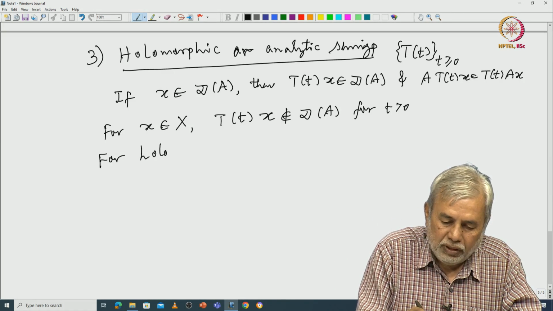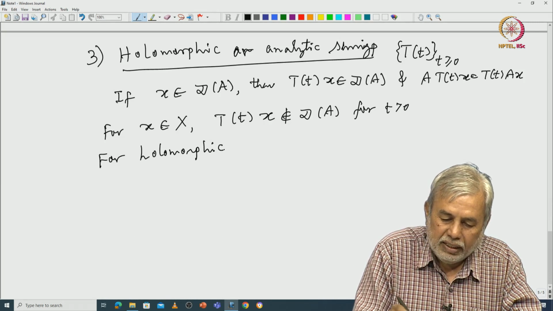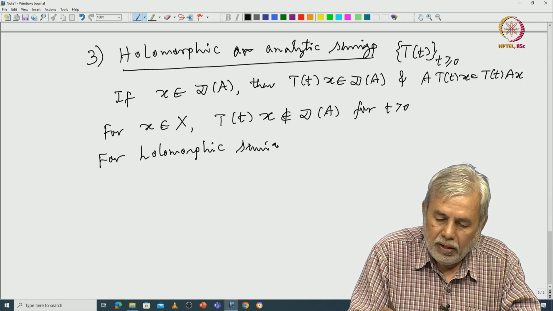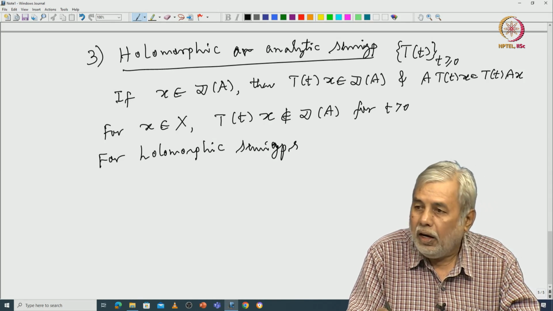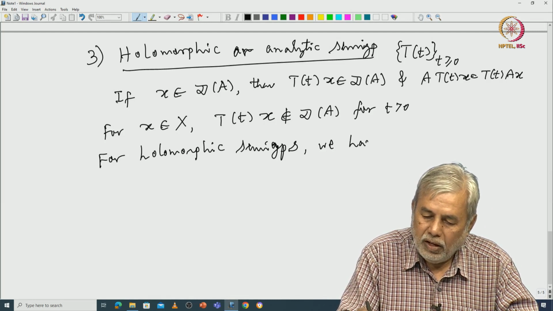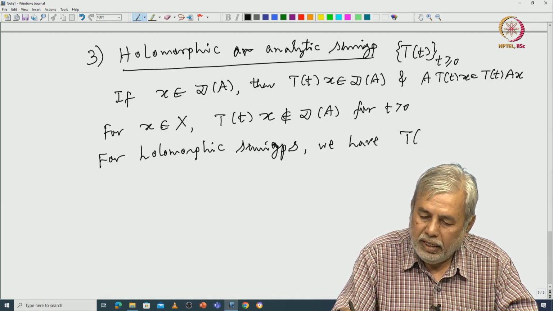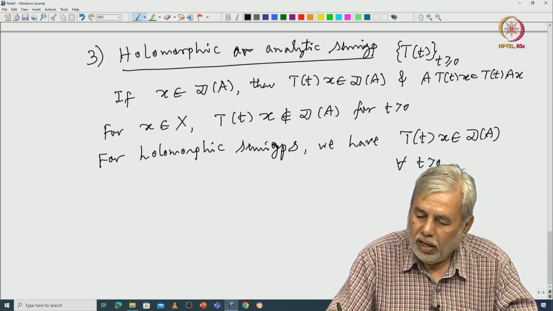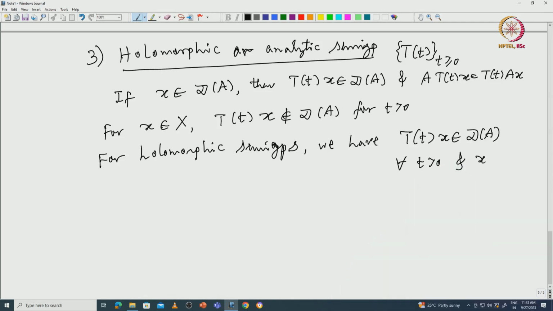So they are in fact characterized by this, one of the characterizations of holomorphic semigroups: T t of x belongs to dA for all t positive and x in x, that is important.